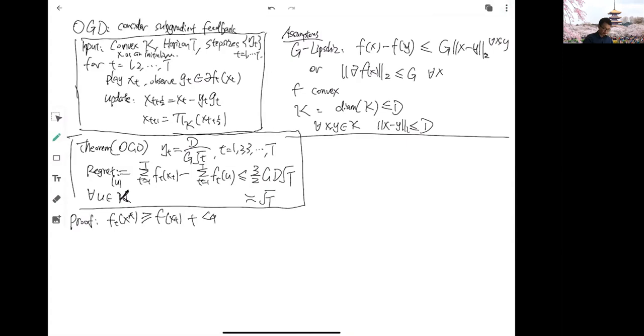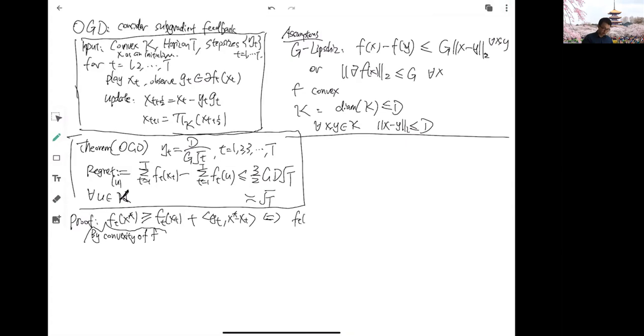So we'll get g_t, which is a subgradient of f_t at x_t, inner product with x star minus x_t. Okay, so this is by convexity. Notice that if we just move things around, we can use it to recover the suboptimality gap, right?